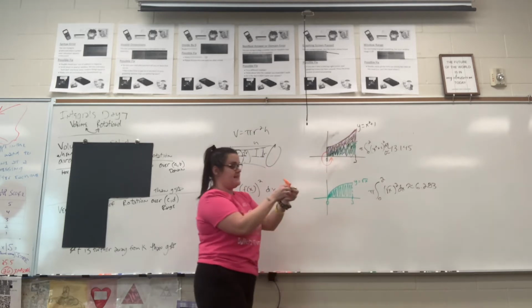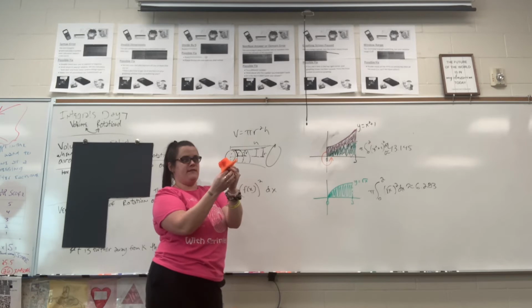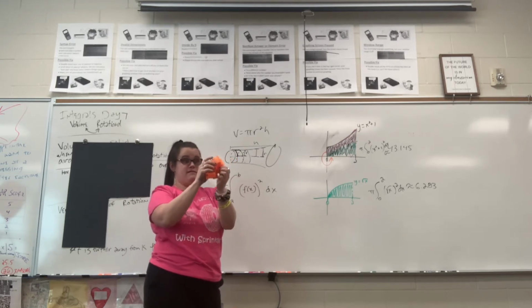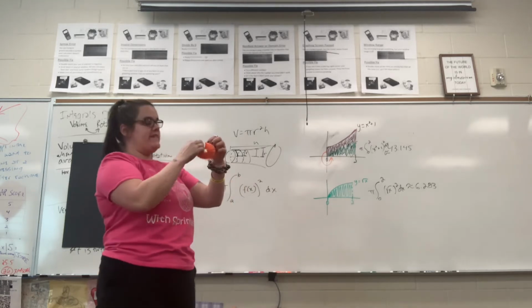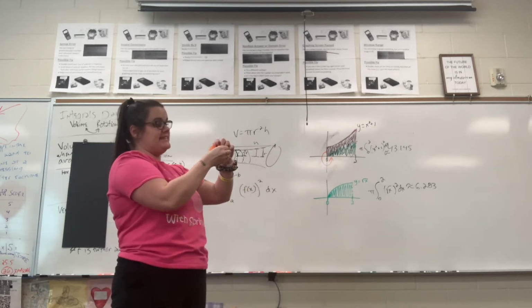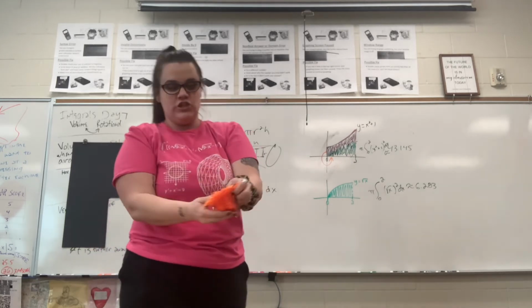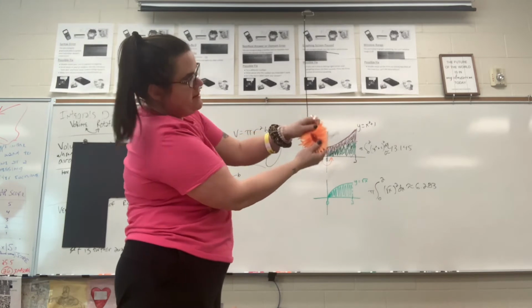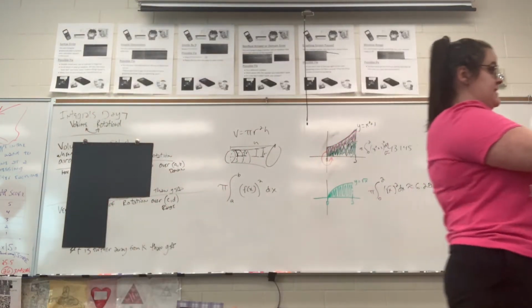So if I take that, it's gonna look something like this. But you see how if you look from this side, it doesn't look any different from the first one that we did, right? But it should have a little something dug out of it. Does that make sense?